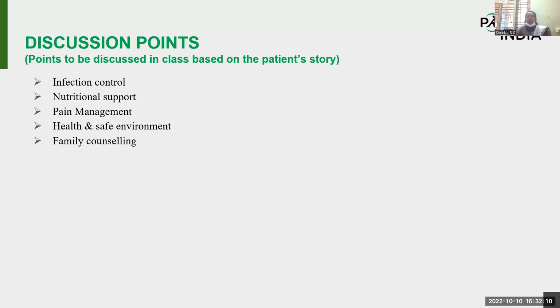That also you have to tell the caregivers too. So then they will understand more about that, and then they will be taking a good decision for their loved ones.